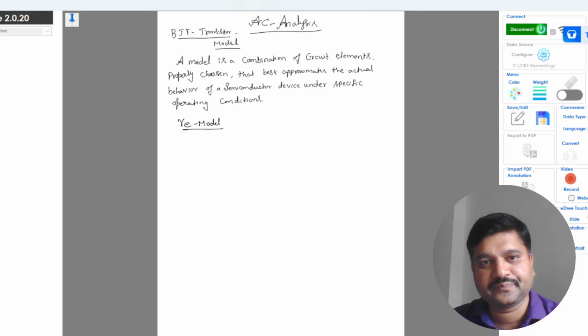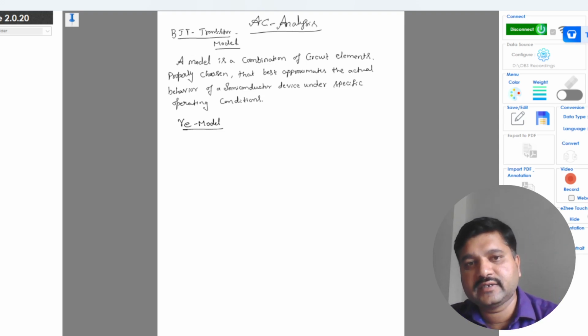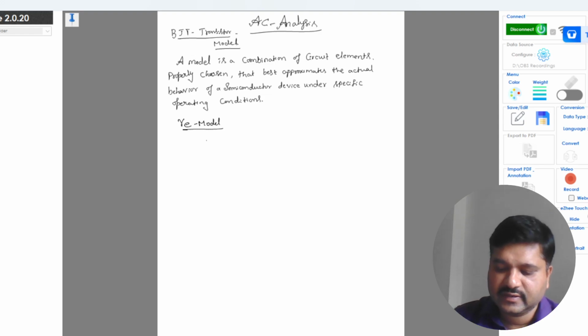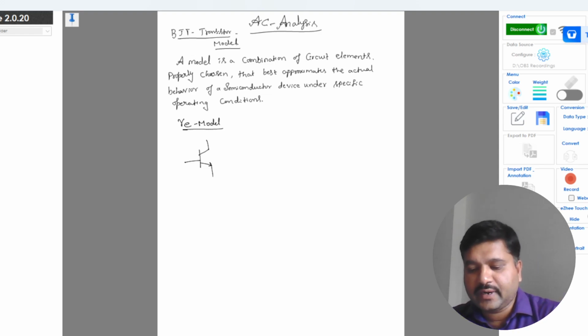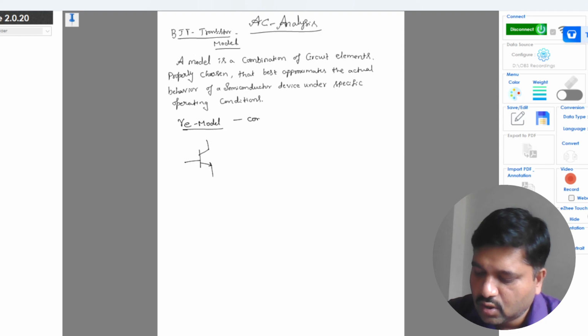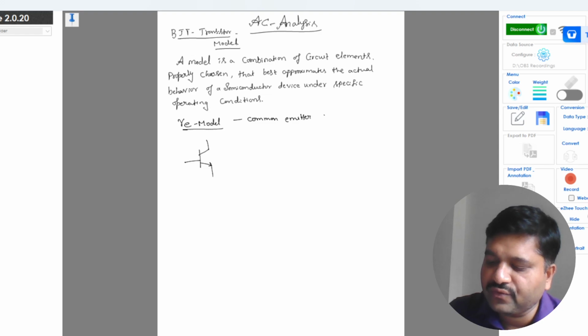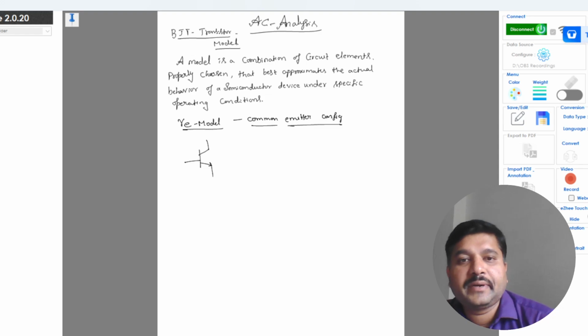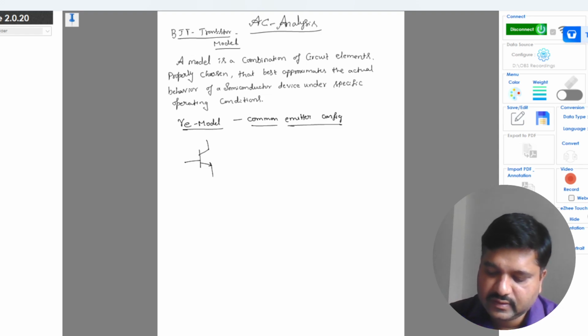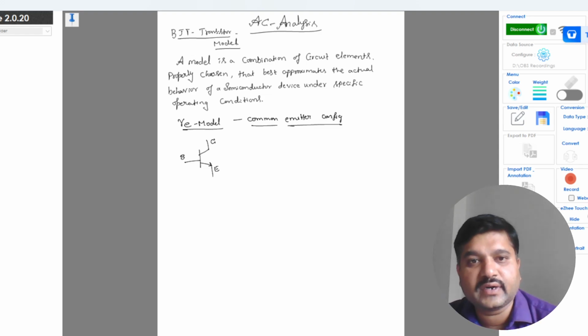This BJT transistor, which has three terminals, can be configured in different ways. In particular we will discuss the common emitter configuration. This is the collector, emitter and base of the transistor.